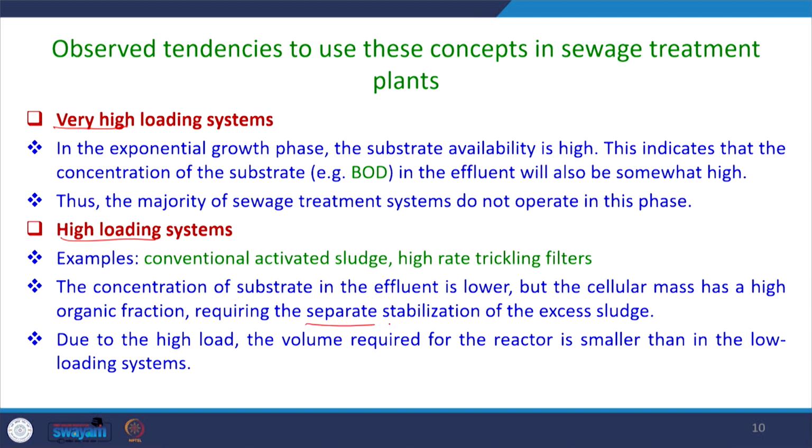So, we have to condition and separate out the excess sludge, so that we can maintain a particular cellular mass in the activated sludge process or high rate trickling filter. Due to the high load, the volume required for the reactor is smaller than for the low loading systems that are possible.